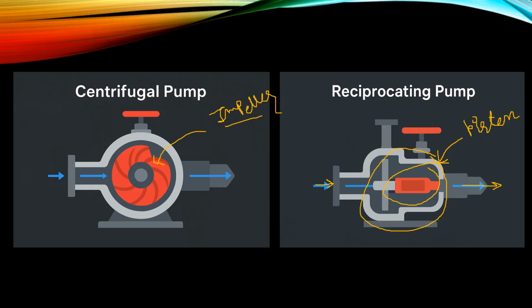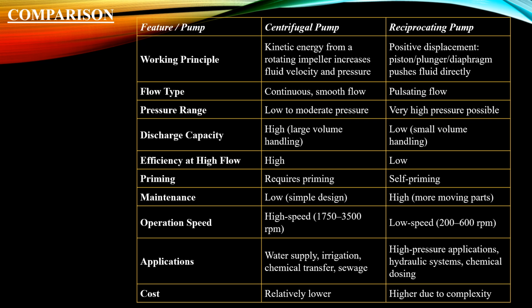So to remember centrifugal and reciprocating pump, I have given one comparative table. Okay, based on that you can easily recall the function, application, and where to use this pump. So comparison between centrifugal and reciprocating pump. The working principle for centrifugal pump is that kinetic energy from a rotating impeller increases the fluid velocity and the pressure.